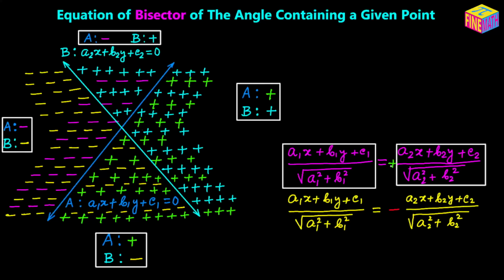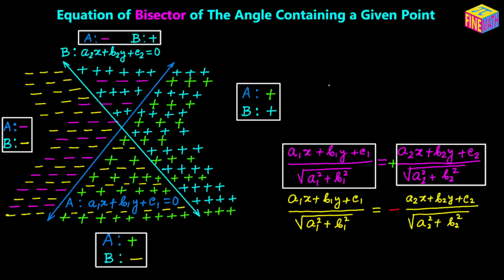When the two expressions in the numerator on the left hand side and right hand side have the same sign, then we can go with a positive sign because ultimately they will become distances of the same sign. Now when they have opposite sign, then we have to go with a negative sign because ultimately we have to represent both the quantities as positive quantities.